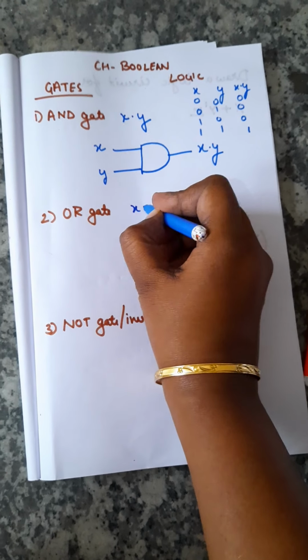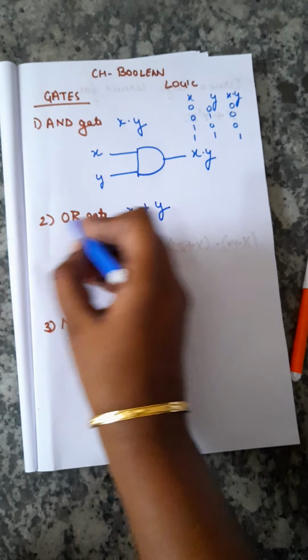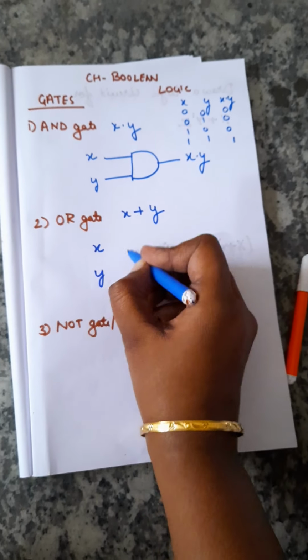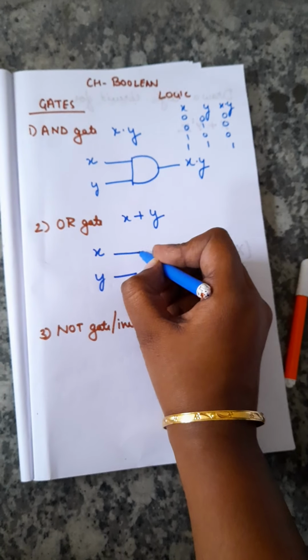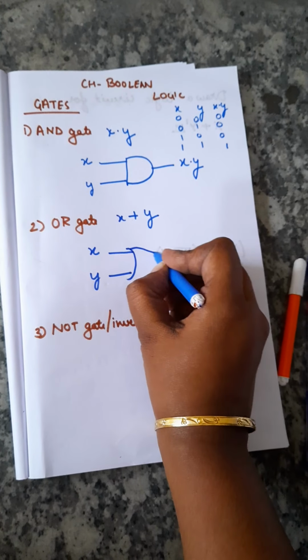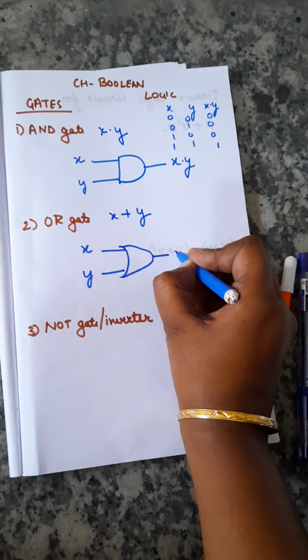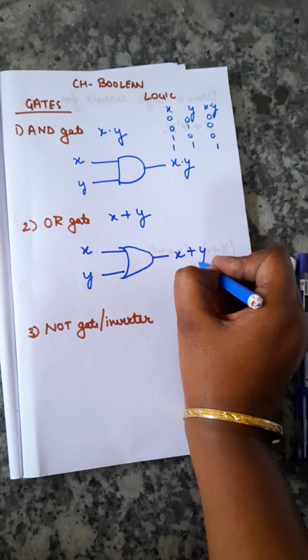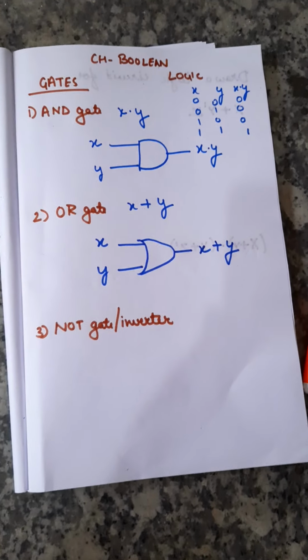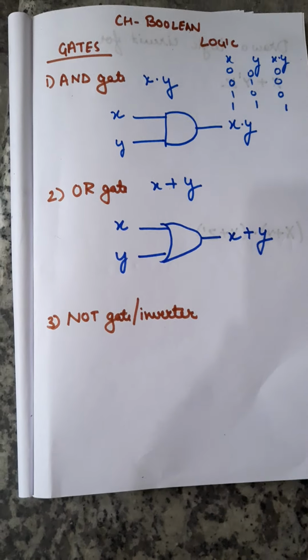Similarly for the OR gate, we have to do x plus y. We'll take two inputs and the symbol for the OR gate is this. This represents x plus y. You all know how to make the truth table.